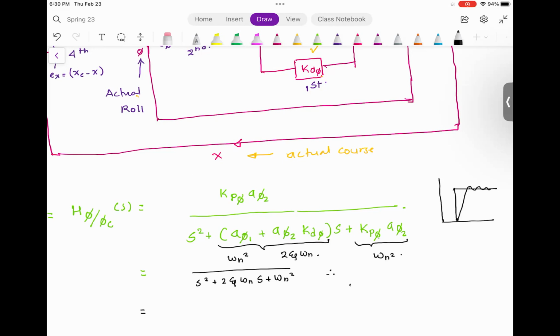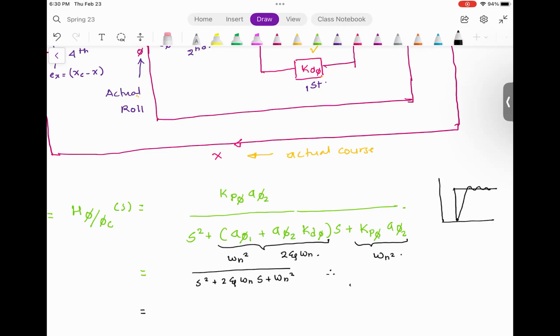then what's going to happen is you have course, and please understand, some of you may ask me, we are talking about the course, so why is roll coming into the picture? The important part here is, if you look at the aircraft dynamics, you cannot purely set the course like this.